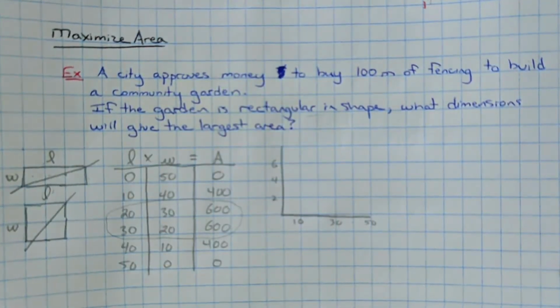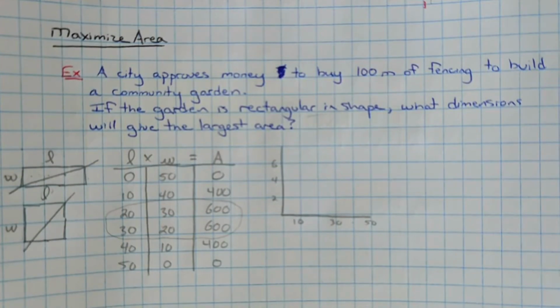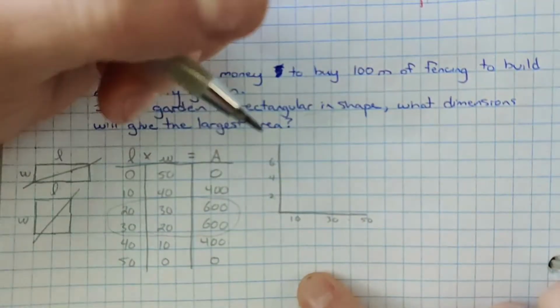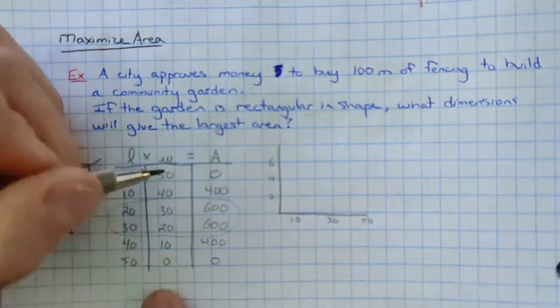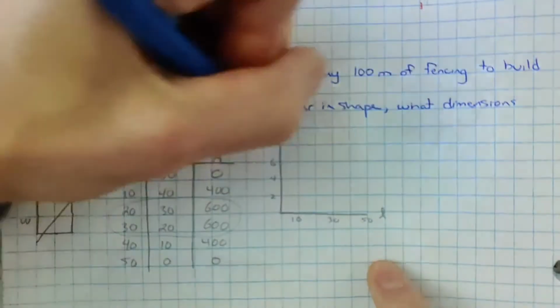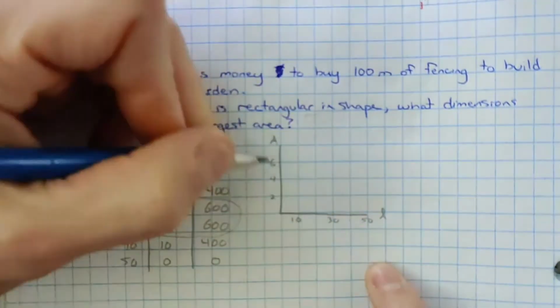Just a small little graph to show us what's going on here. This is going to be our length and area. We're going to compare length and area. So these are hundreds.